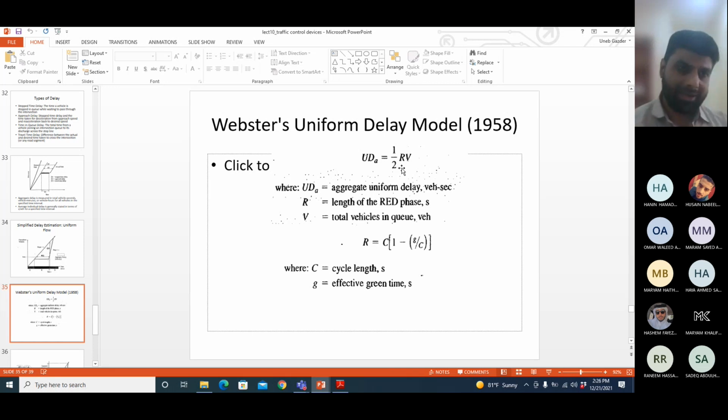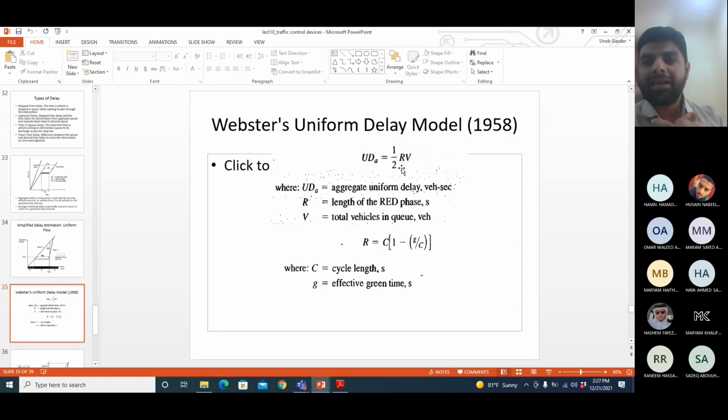Now earlier I said that you can divide the signal cycle into two distinct parts. One is called effective green and the other is called effective red. Effective green is the time of the cycle during which the vehicles are moving at saturation flow rate, or the interval between the vehicles is equal to saturation headway.